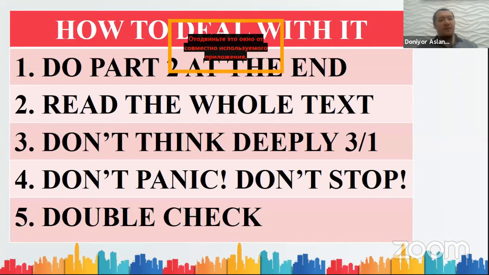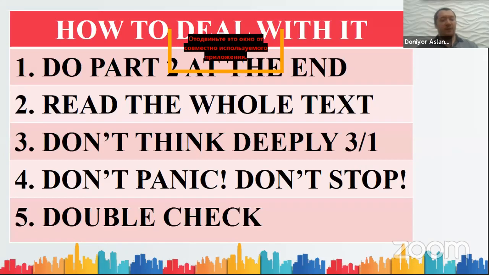They lose their confidence and start thinking about other wrong options, which will eventually affect their overall score. So leave part two for the end, and then when you have done with everything, you can dive into it.